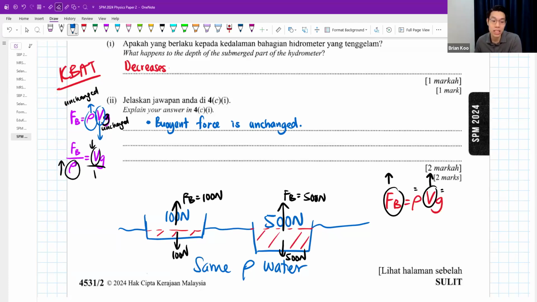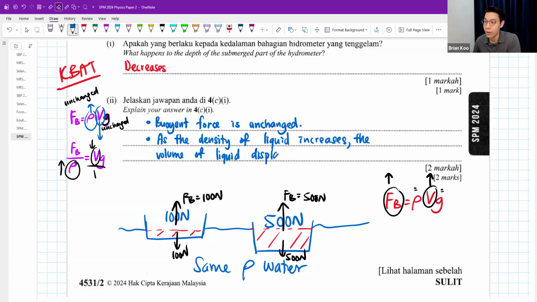Buoyant force is the same, unchanged, or constant, and as the density of liquid increases, the volume of liquid displaced decreases. Okay, that's why the submerged part is less.